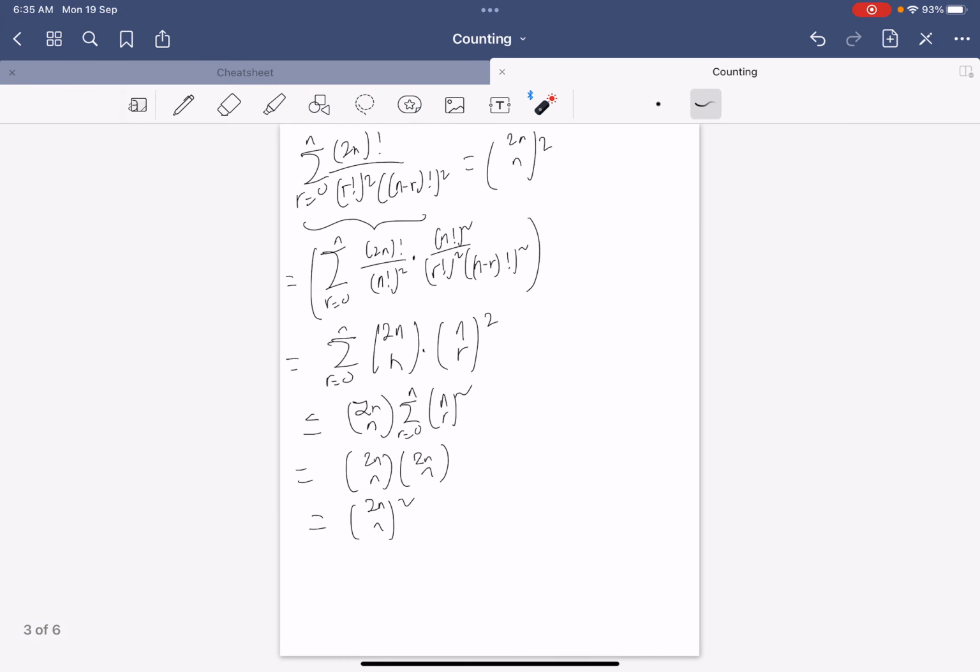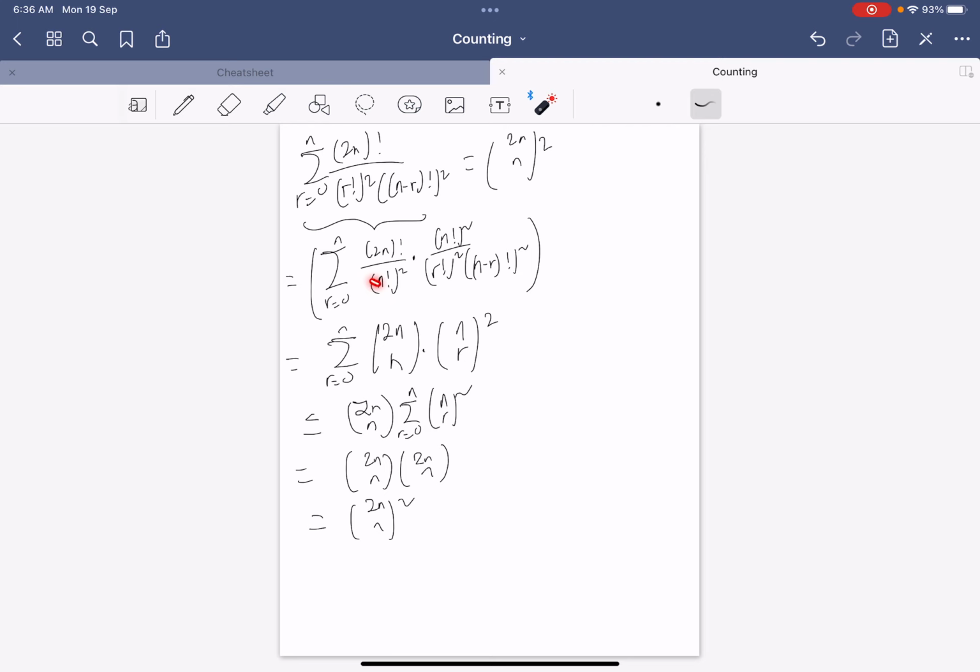In our next proof, we have this very complicated looking algebraic expression, and we'll show that it equals 2n choose n squared. Why? In this summation from r equals 0 to n, we can introduce a factor of n factorial squared.